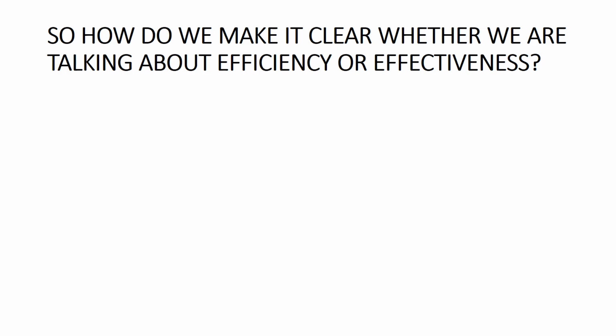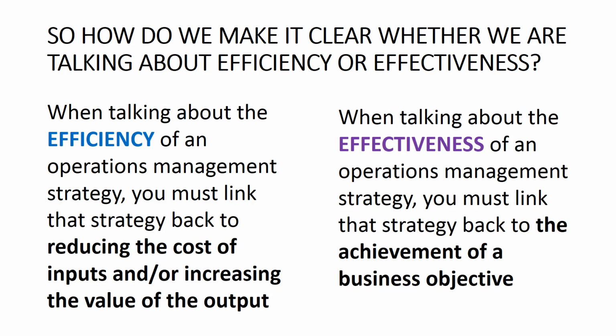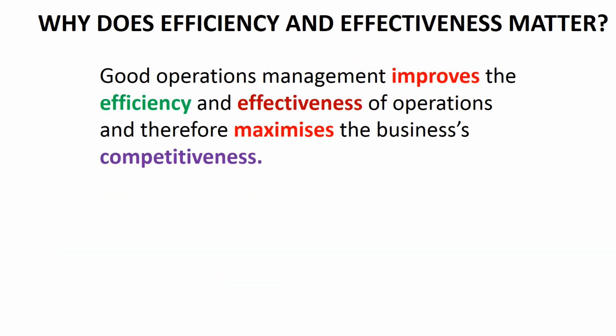The answer is that when you are talking about the efficiency of an operations management strategy, you must link that strategy back to reducing the cost of inputs and/or increasing the value of the output. But when you are talking about the effectiveness of an operations management strategy, you must link that strategy back to the achievement of a business objective.